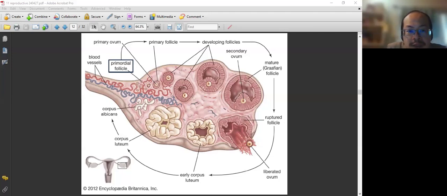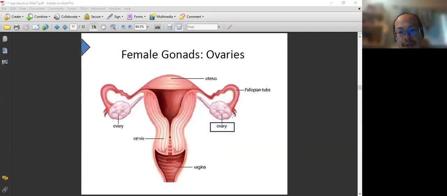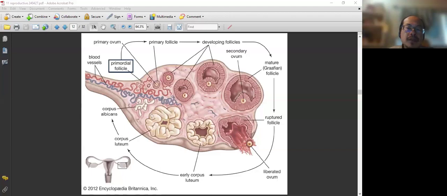And after puberty, some of them, not all of them, start to grow. They will grow bigger and bigger to a level that they will ovulate. And once they ovulate, these oocytes will go into the fallopian tube right here. So that's that. So basically, the whole journey of the female reproductive system.